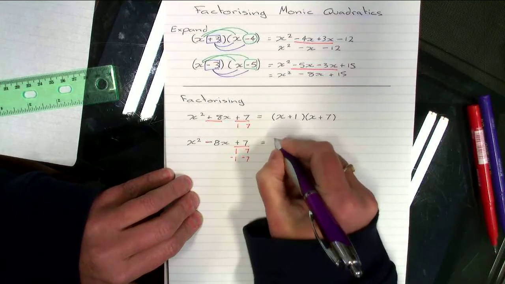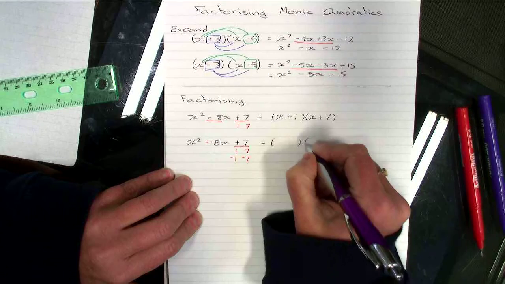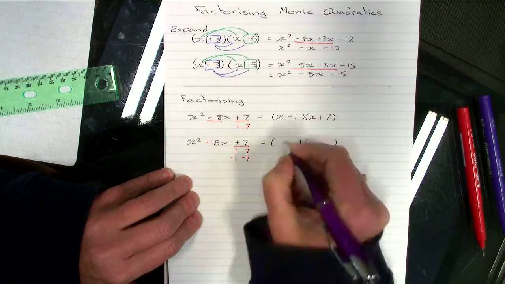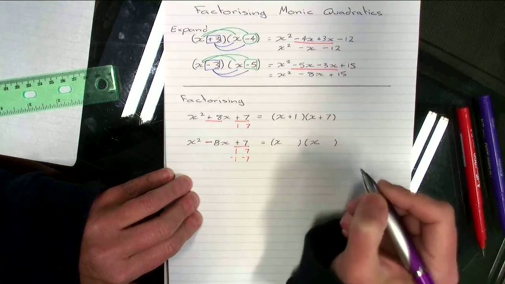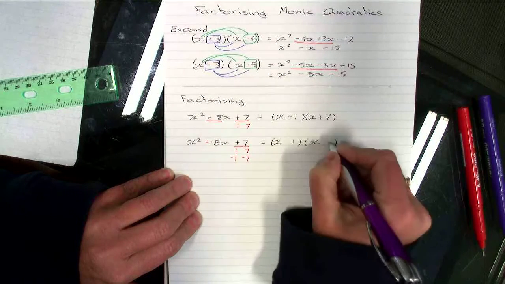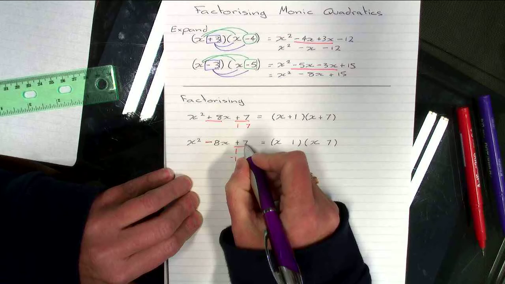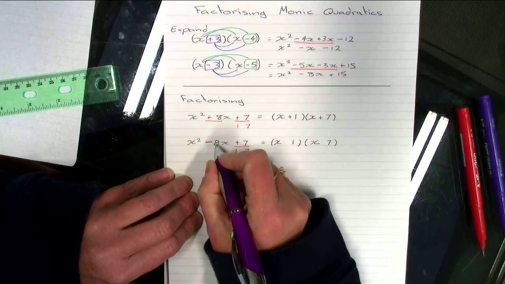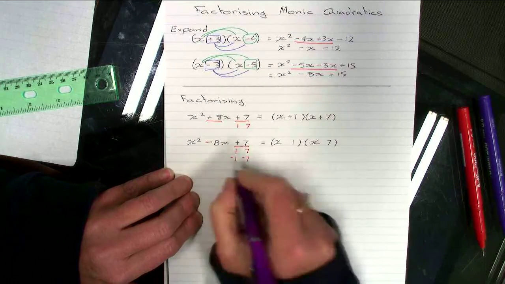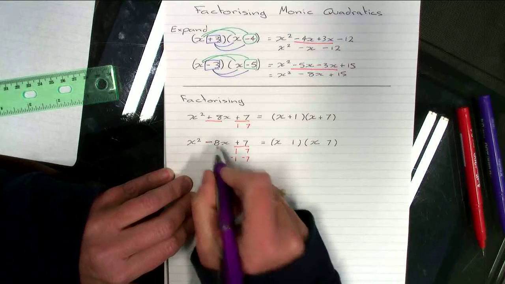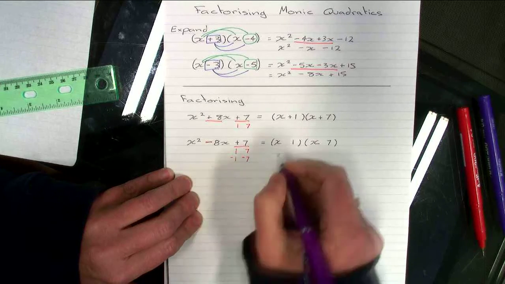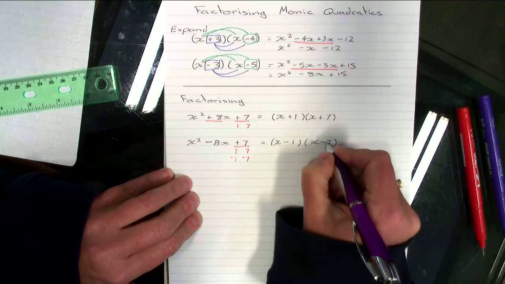So if we have our brackets like this, we know that our first term is x. We know our numbers are 1 and 7, because they are the two numbers that multiply to be 7 and add to be 8. And now we know that because this is a minus 8, both of our terms need to be minus.